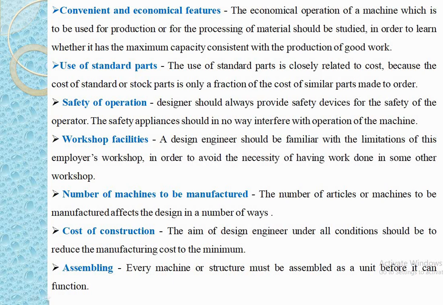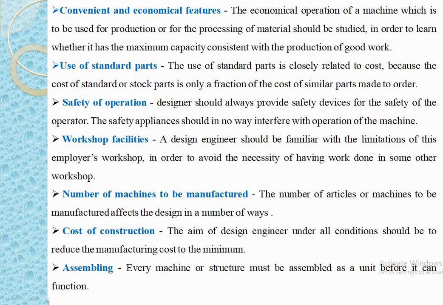Take an example. When you are going to design a particular machine or machine component, it is necessary to use standard parts which are available in the market for assembling that machine component. Every time it is not feasible to design each and every part of that machine.